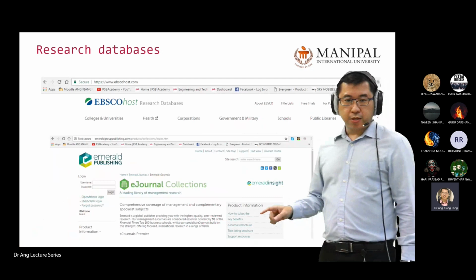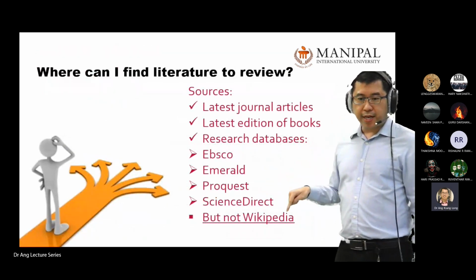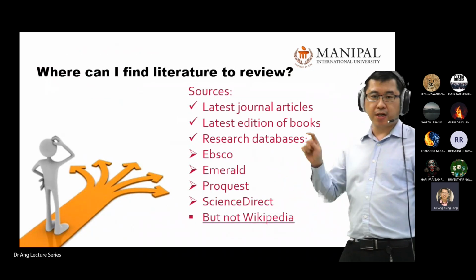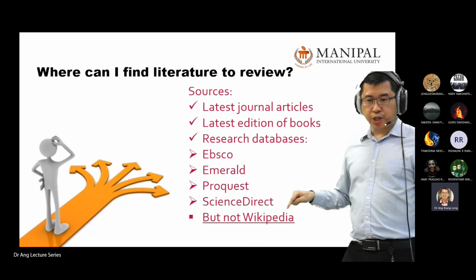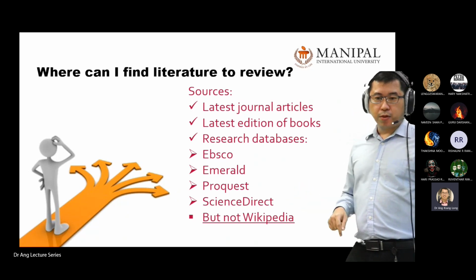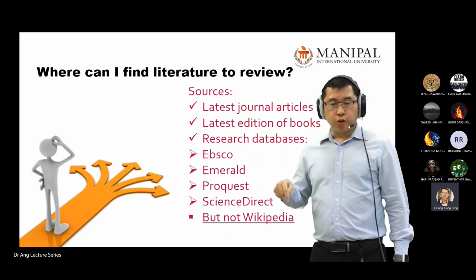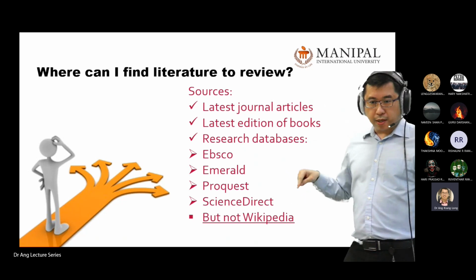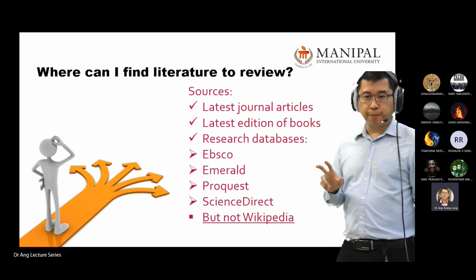It is because the data inside Wikipedia can be changed by anyone. Okay, there's an edit button inside the website that you can use to edit and change the data. So maybe if you refer to the website today, tomorrow you go and see the data might not be there anymore. So that's why we don't choose Wikipedia when you write a review report.